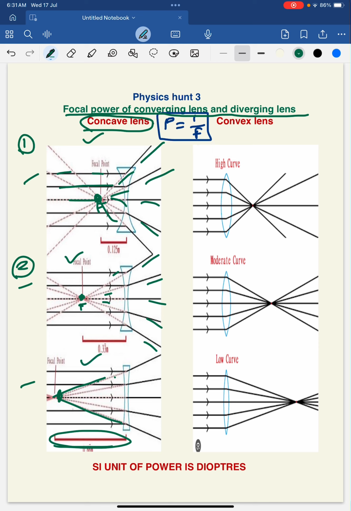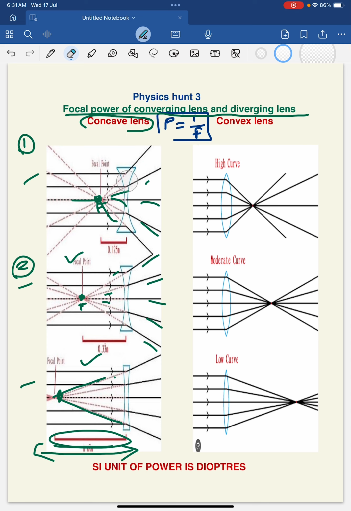So for the third diagram only the focal length value is maximum, isn't it? And also, according to the new Cartesian sign convention, here the focal lengths are on the left hand side. That means the distance towards the left side is negative, right? According to the new Cartesian sign convention, the distance towards the left side is negative.